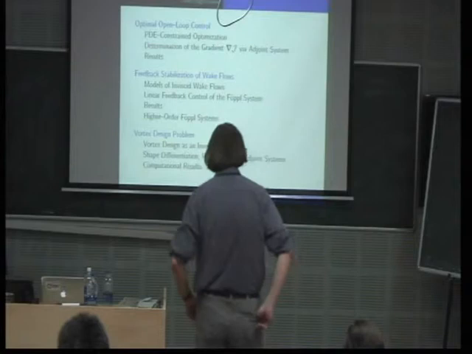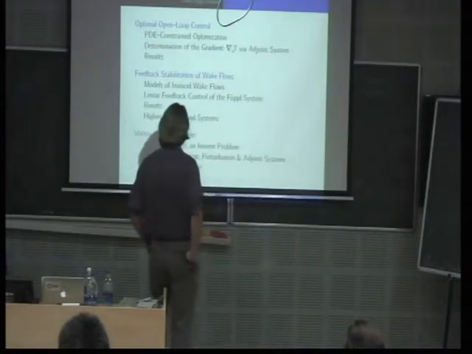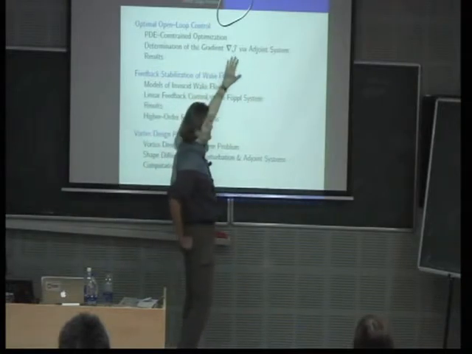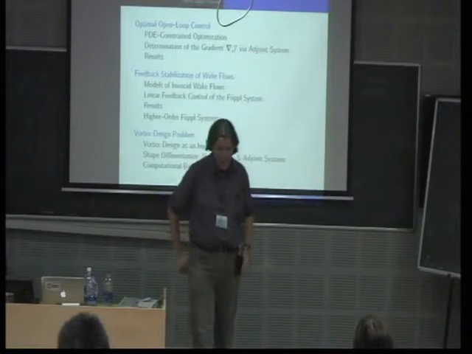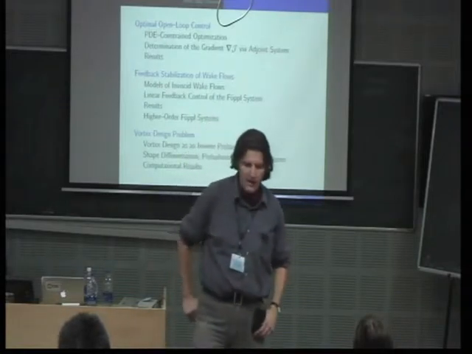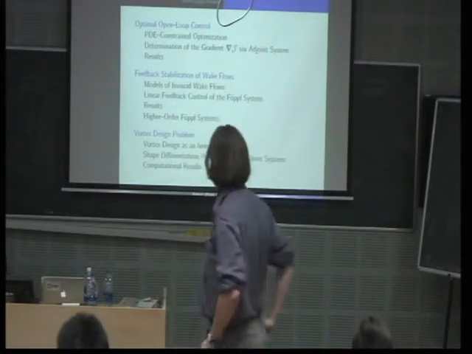I'll show you how this problem can be set up and solved computationally. The key ingredient of the approach will be calculation of an object we call the gradient. And I'll show you how this can be done elegantly and efficiently using the so-called adjoint equations.